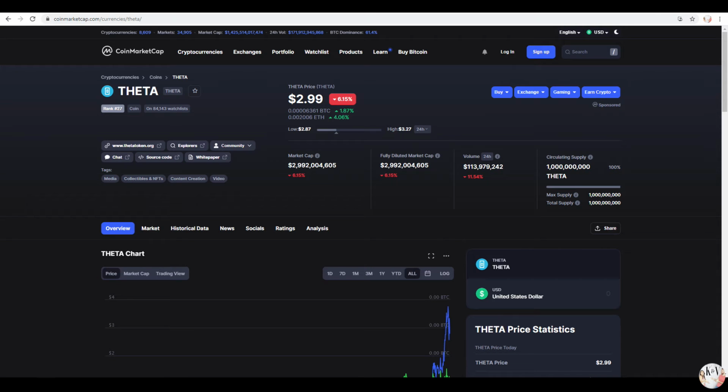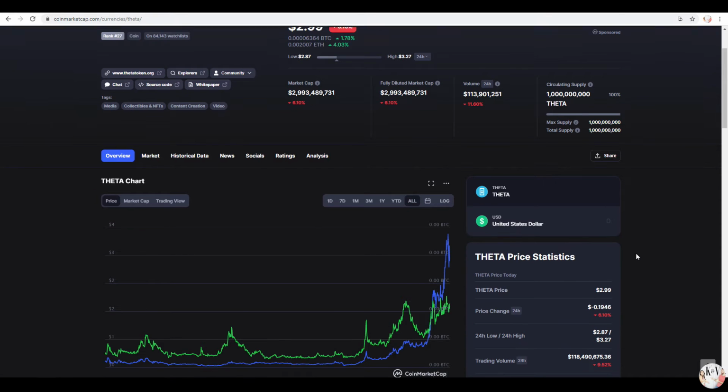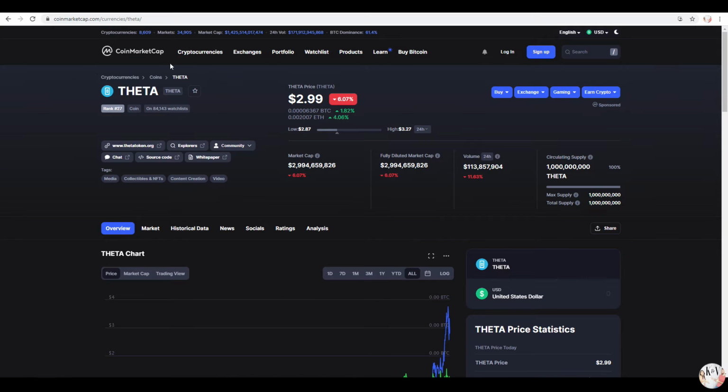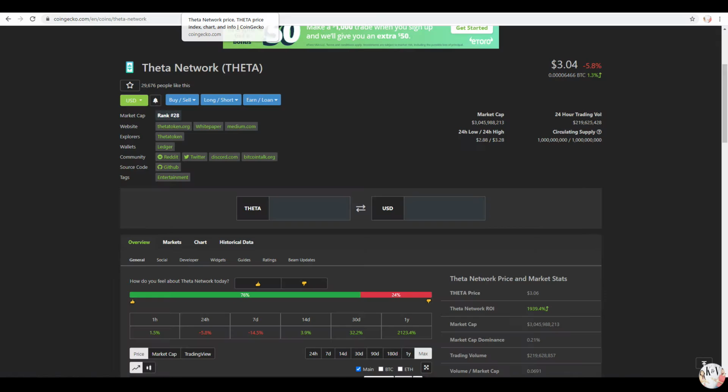So let me show you how we think and how we look at the information, at the data. We are using Theta here as an example. What we did with Theta is check the market cap first. Here is coinmarketcap.com and also we will check coingecko.com.